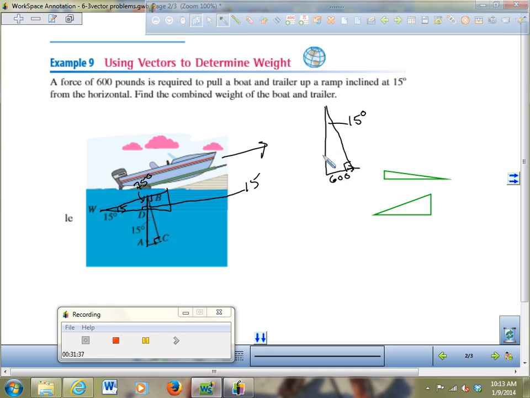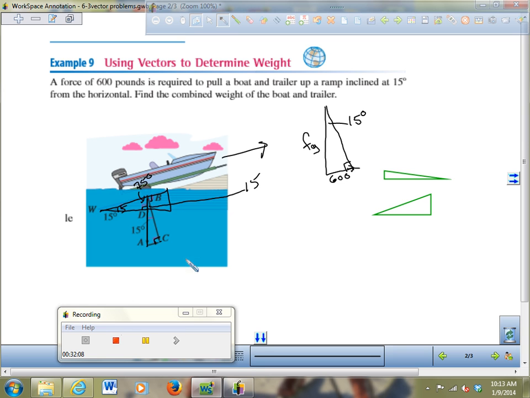And don't worry about the signs of things, because in actuality, I'm pulling the boat up the hill, and I'm pulling it horizontally as well. See that? But I'm breaking it into two other forces. So this is 600. How could I find this force right here? We'll call it Fg, for the force due to gravity. How could I figure that out?